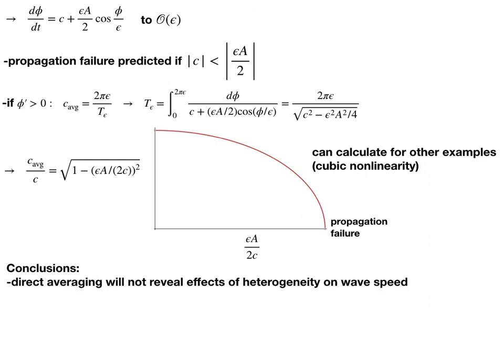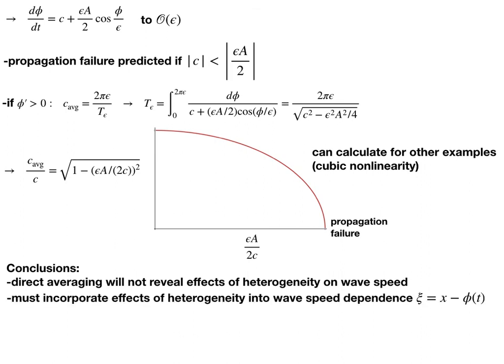Just to conclude now, what have we shown? Direct averaging that ignores the fact that heterogeneity is going to modulate the wave speed will not properly reveal the effects of inhomogeneities on the propagation of waves. So we had to incorporate the effects of heterogeneity into the wave characteristic itself.